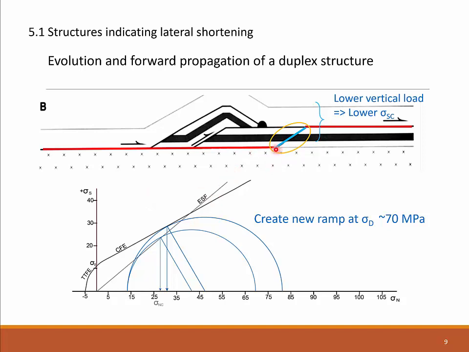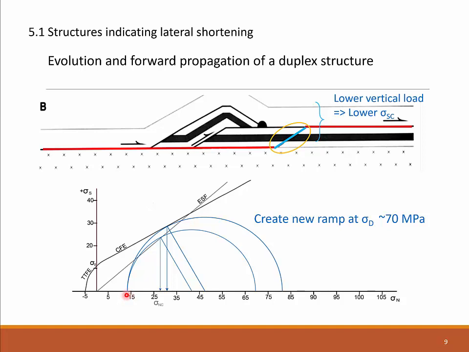In a position where we could form a new ramp, such as here, the overburden is smaller, and that means that our confining stress, our sigma 3, is smaller than in the area of the previously created ramp. That would mean that our confining stress would be the same as at the beginning of the evolution of the Mohr circle. In this example, just under 15 megapascals.